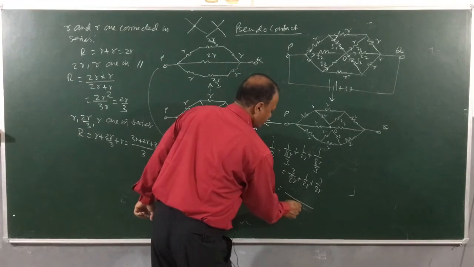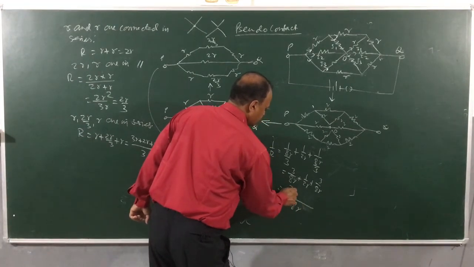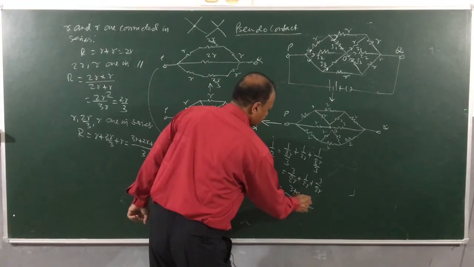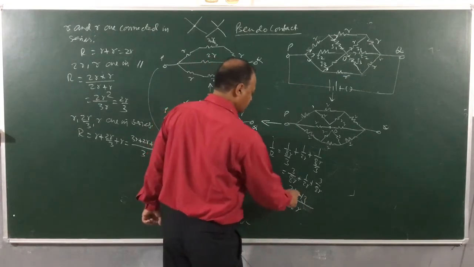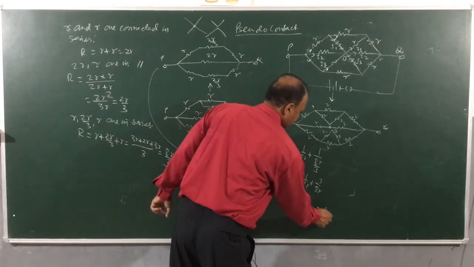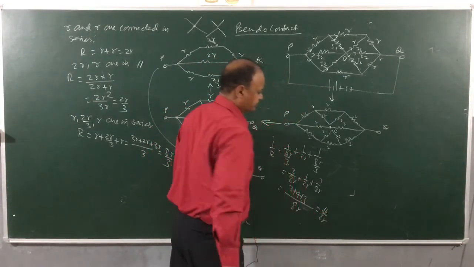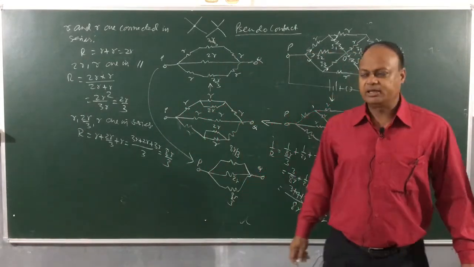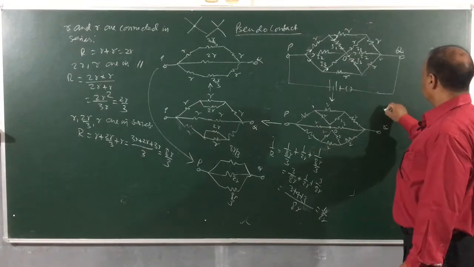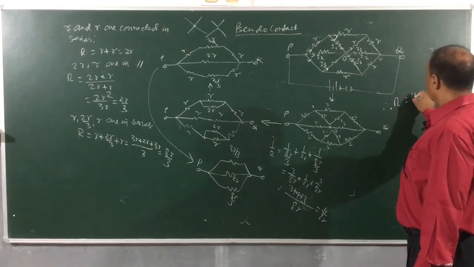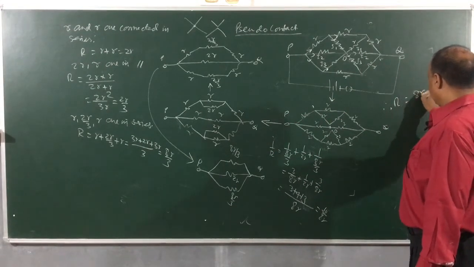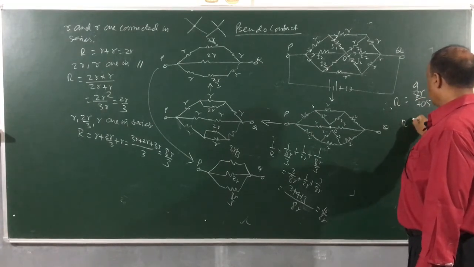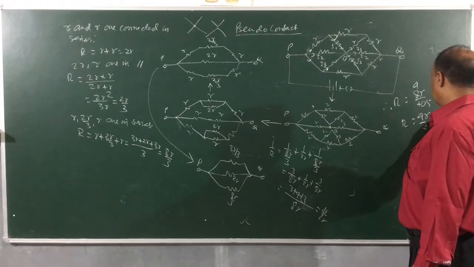Take LCM 8R: 3 plus 4 plus 3, that is 10 by 8R. So we got 1 by R is equal to 10 by 8R and therefore R is equal to 8R by 10, which is 4R by 5. So R is equal to 4R by 5.